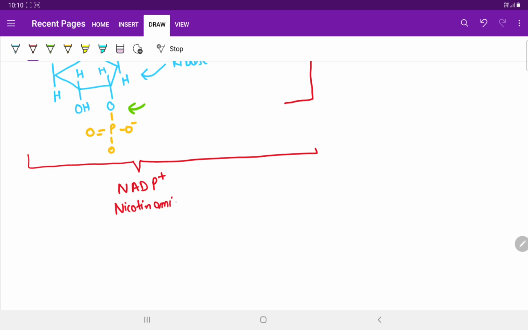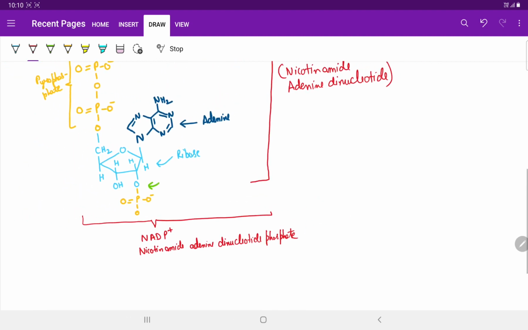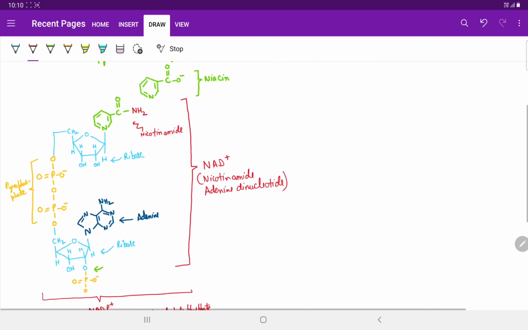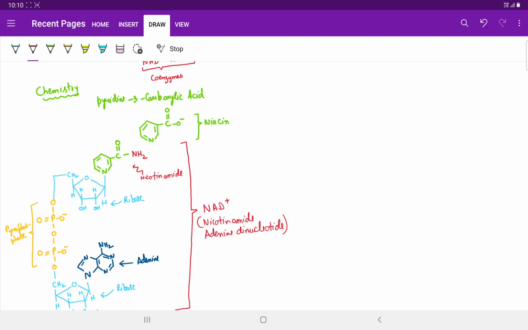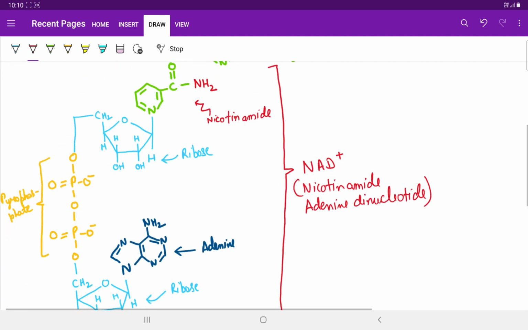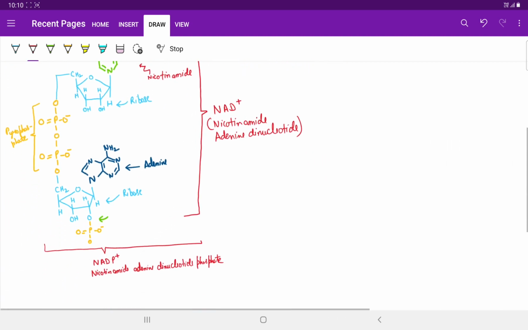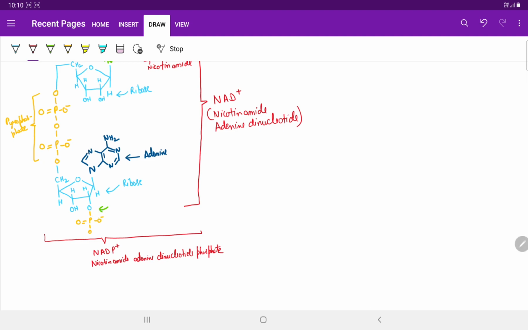I hope the structures are clear to you now, how NAD and NADP are formed as coenzymes of niacin. You can see here, this is the structure of niacin, then comes the NAD plus, and after the attachment of one phosphate group here, it becomes NADP.